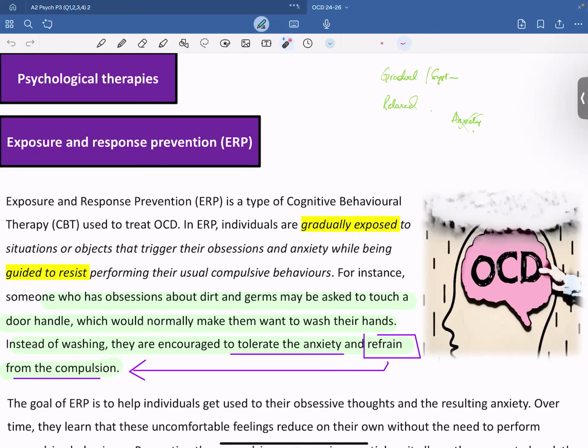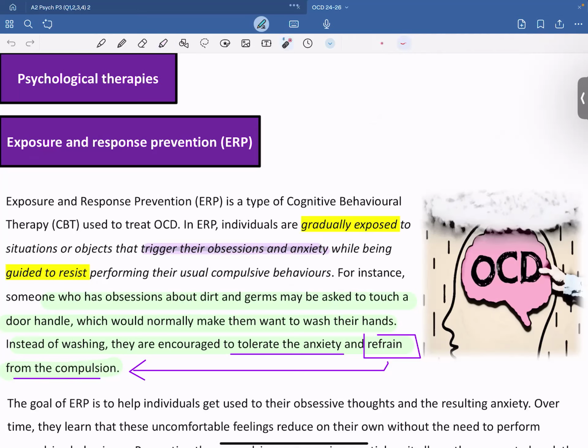In ERP, individuals are gradually exposed. Remember, we're talking about a slow and gradual process. Individuals are gradually exposed to situations or objects that trigger the obsessions. And not only do they trigger your obsessions, they would lead to you feeling anxious while being guided to resist performing their usual compulsive behavior.